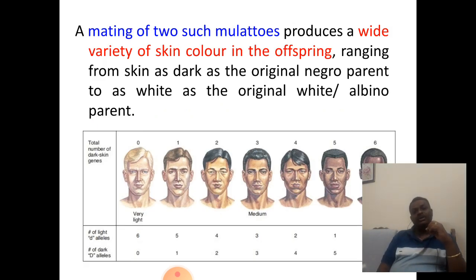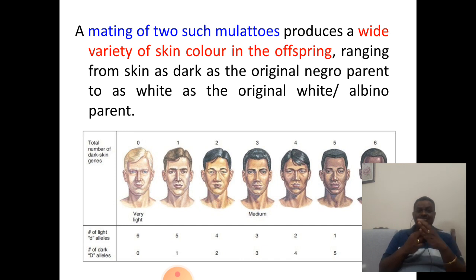Now, to have the F2 generation, we are going to cross 2 mulattoes of the F1 generation. So when F1 generation individuals are crossed, we tend to find an F2 generation where the color of the skin will be intermediate between albino or white to mulatto, then from mulatto to dark.